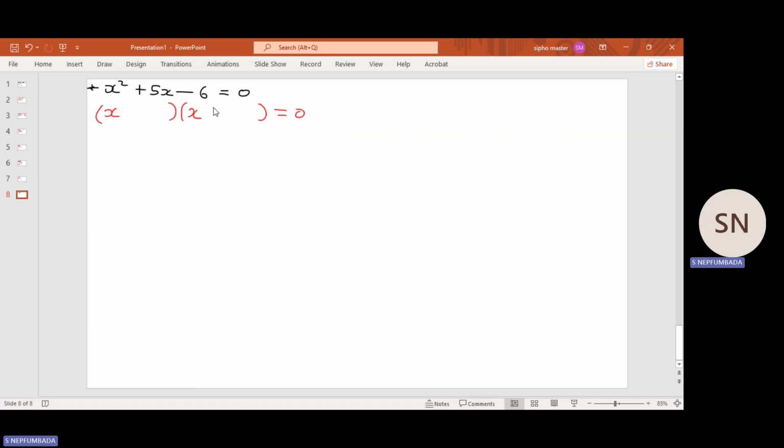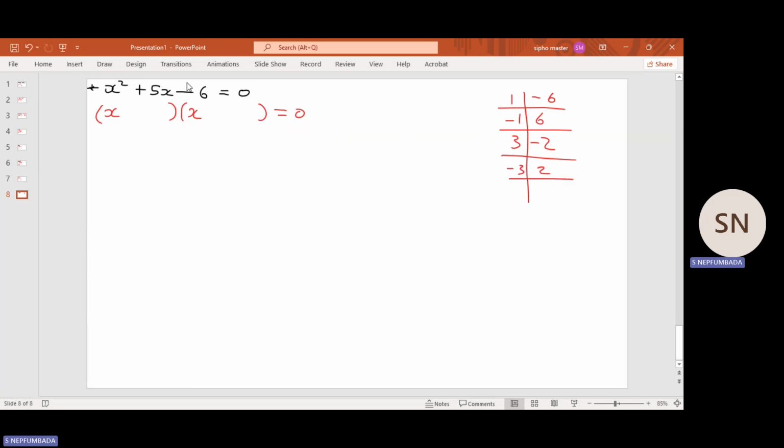We're going to get the factors of 6 that when we multiply, they give us negative 6. This is 1 and negative 6. And this is minus 1 and what? And 6. When we multiply those things, they give us negative 6. And we've got 3 and 2. Minus 2 and minus 3 and 2.